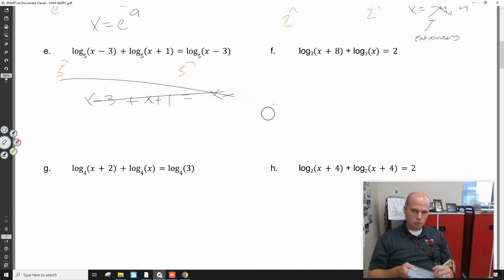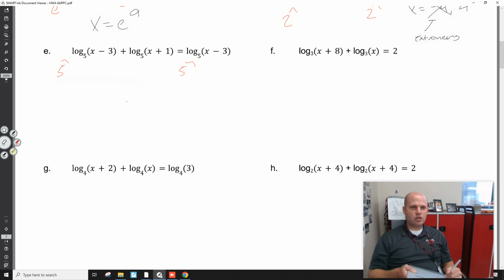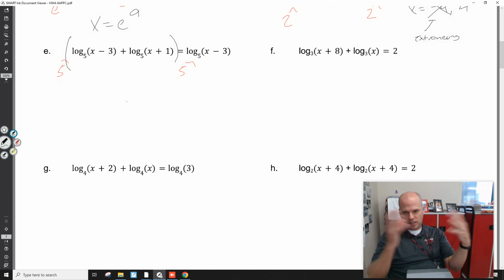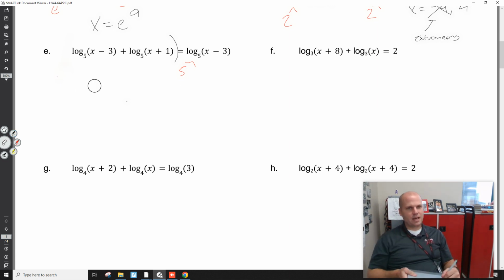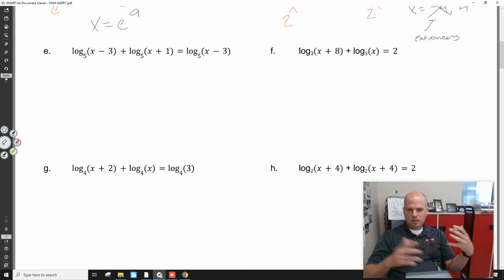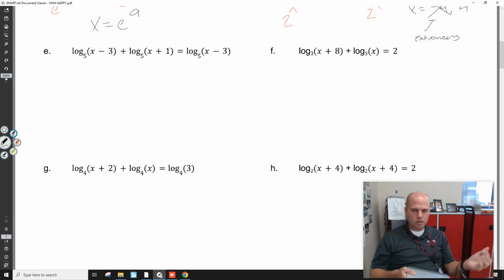You could do this step of taking both sides to the power of 5, but then you'd have to use exponent properties to simplify this idea with the sum and the exponent. I'm not going to get into it because it's just using log properties that we know.